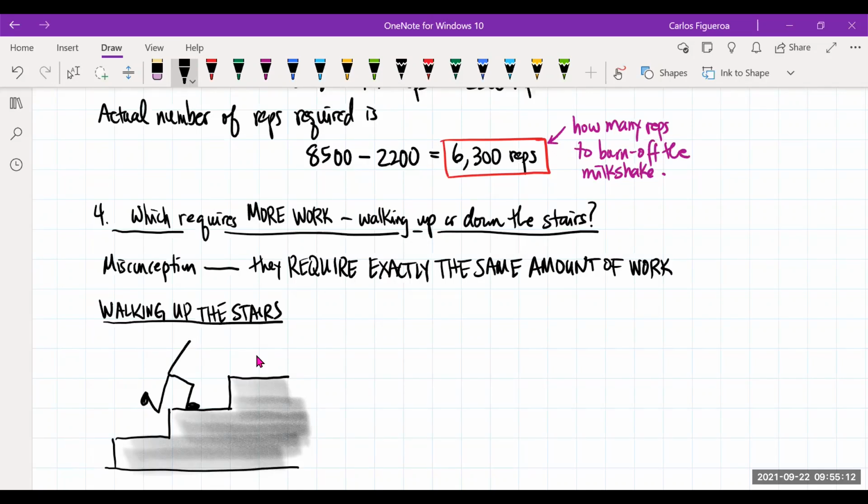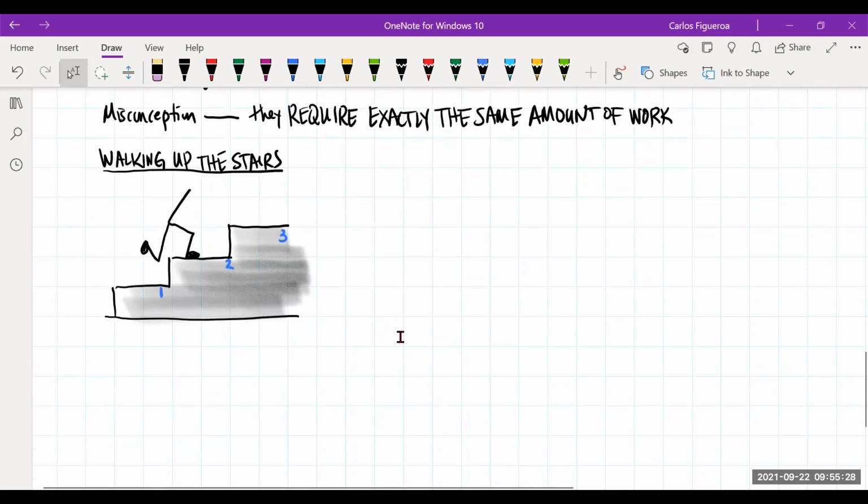So I'll label the stairs here. I'll label this stair 1, 2, 3. Now, let's look at this thing here. Let's start by thinking about this. What are the forces that make you go up the stairs?